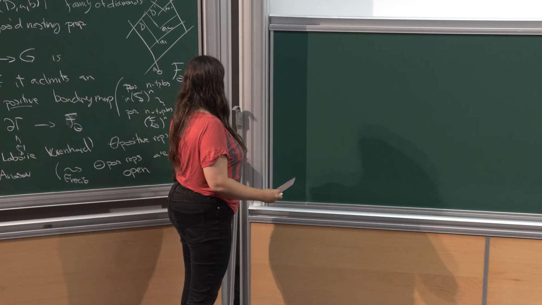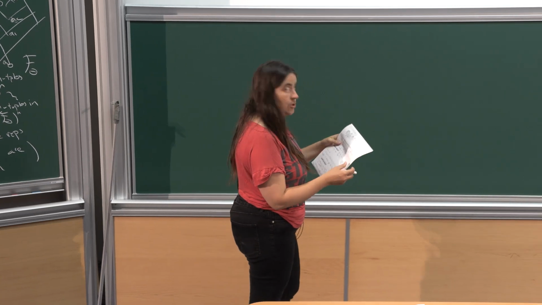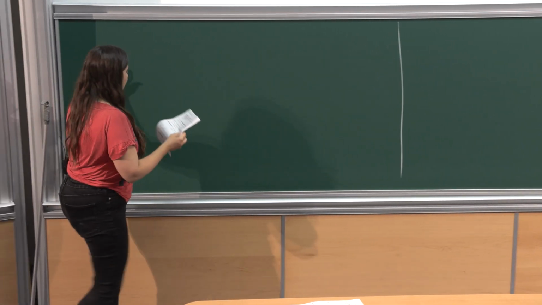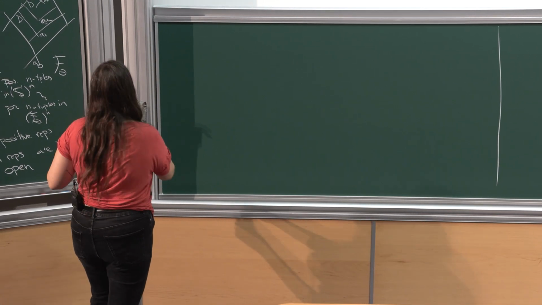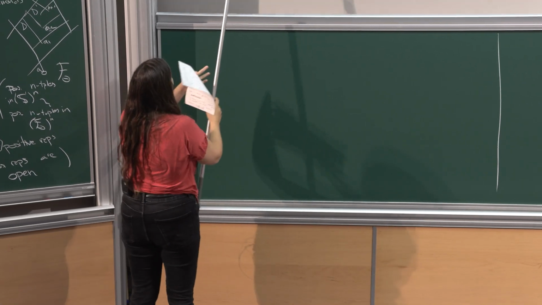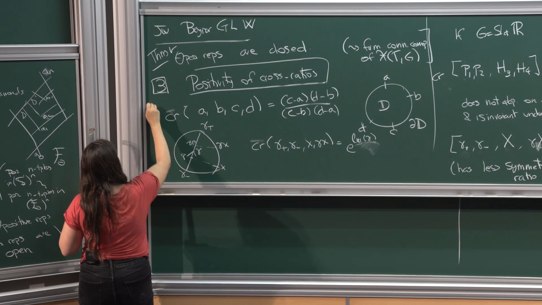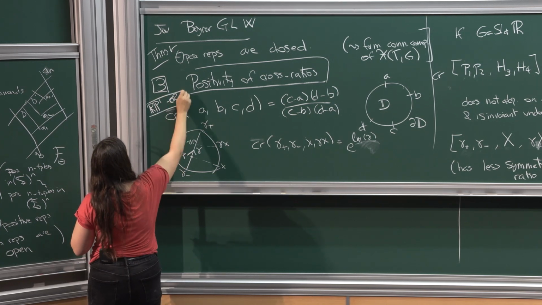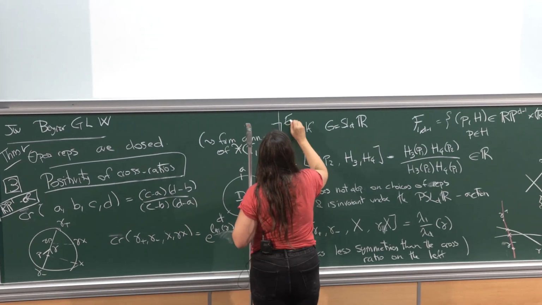Okay, but now we are interested in many more groups, and I was hoping that at this point I had much more representation theory, but I don't. So, in general, this was an example, the RP1 cross ratio, example 2.